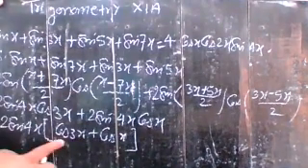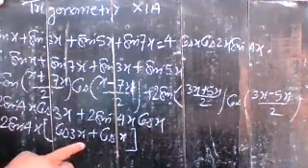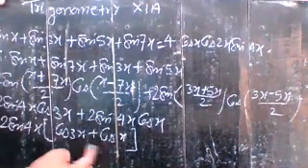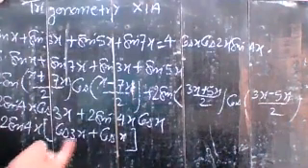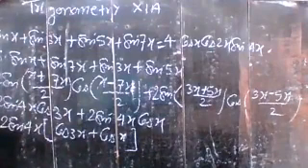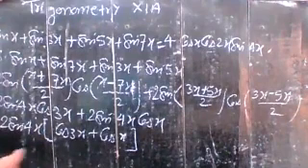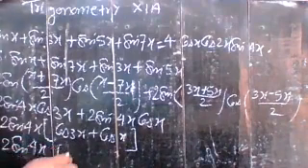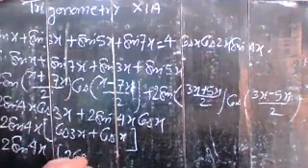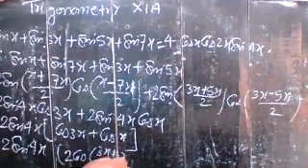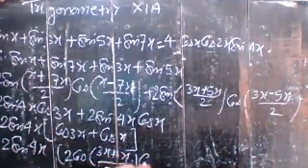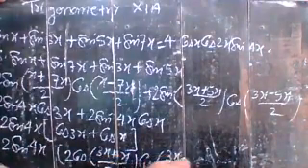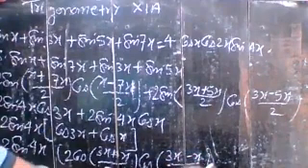Understand? Now, yes, this is a form of cos x plus cos y. And the formula for cos x plus cos y is 2 cos x plus y by 2 cos x minus y by 2. So applying there, you have 2 sine 4x into 2 cos 3x plus x by 2 cos 3x minus x by 2.